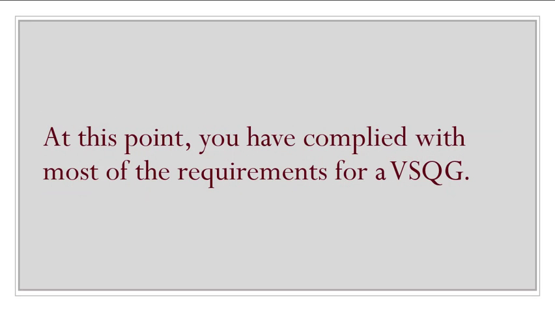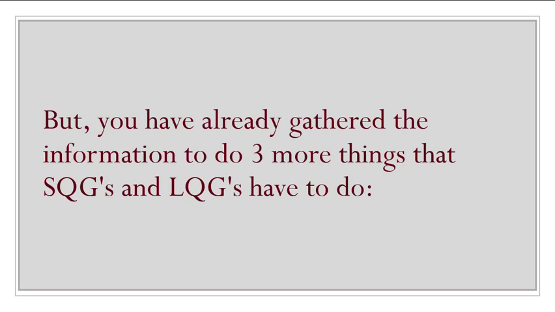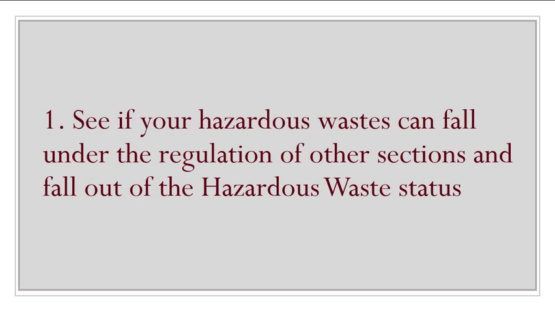So at this point, you have complied with most of the requirements for a very small quantity generator. You could skip straight to determining your generator category and be done with it. But you have already gathered the information you need to do 3 more things that the big boys, those small quantity generators and the large quantity generators, have to do.